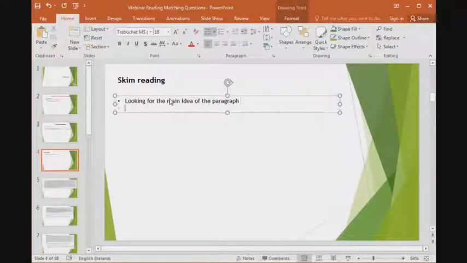Okay. And how do we only look for the main idea? Some people, when they skim, they tend to read everything. Is that correct? No, good. Okay, so what should you do instead?